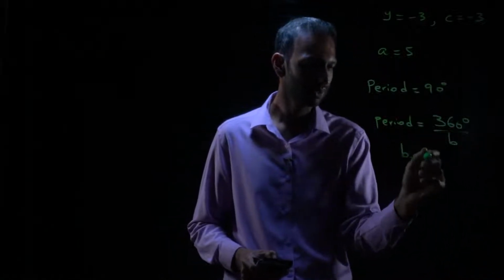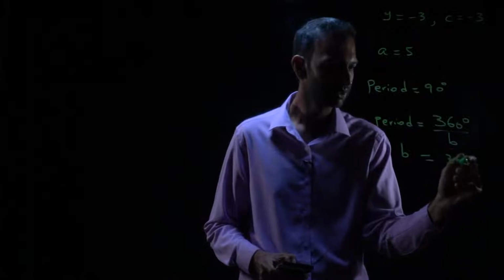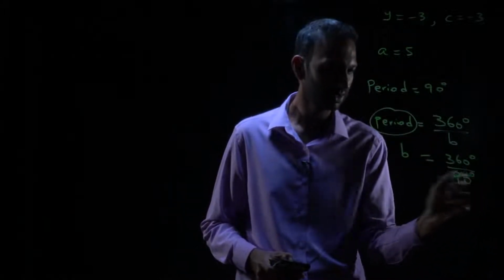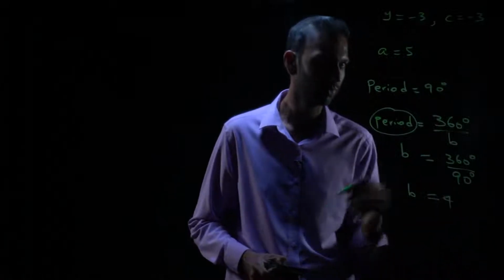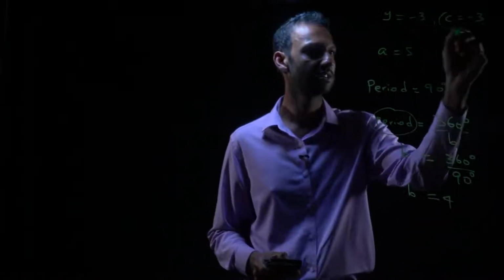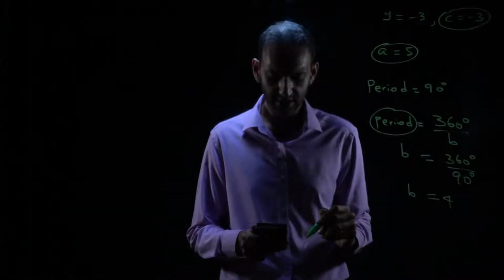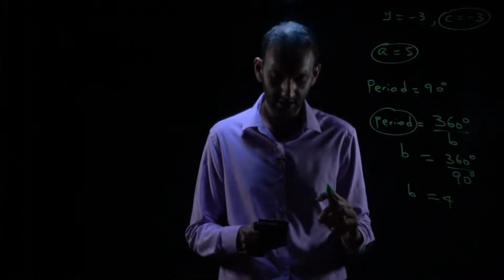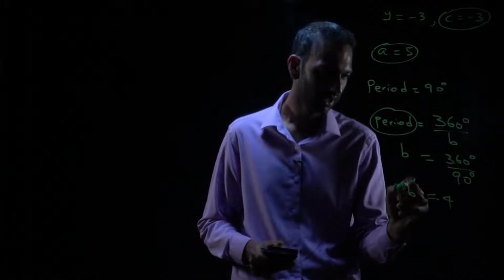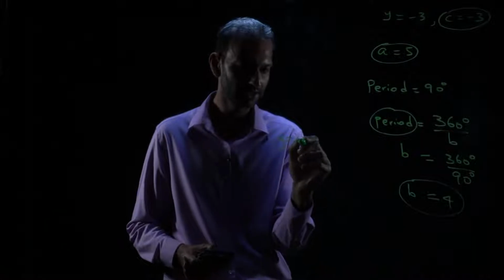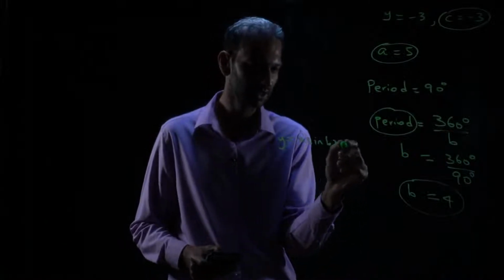So b would be 360 degrees divided by the period, which is 90 degrees, so b is equal to 4. So we got c is equal to minus 3, a is equal to 5, which is the maximum distance of the peak from the equilibrium position, and b is equal to 4.